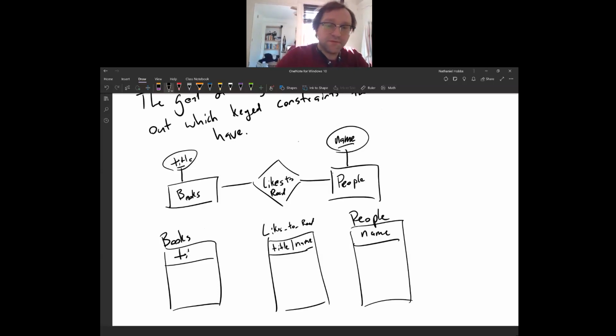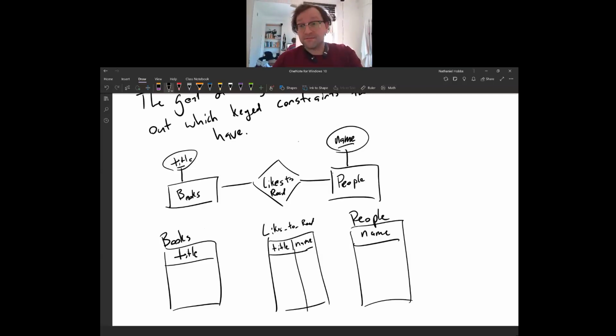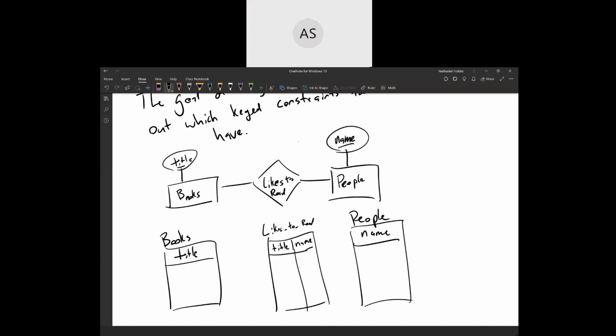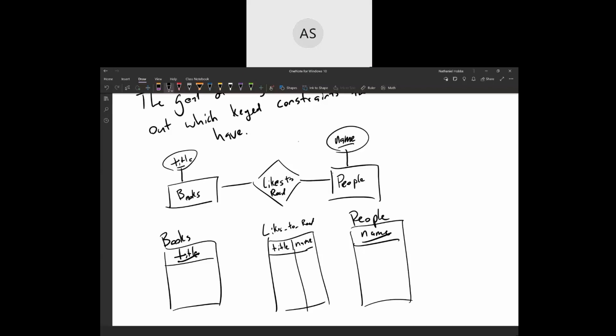So these are your 3 tables? Okay, and now what are the keys? Every table needs a key. So for books it would be title, for people it would be name, and for the middle one, would it be title and name? Title and name, yeah.